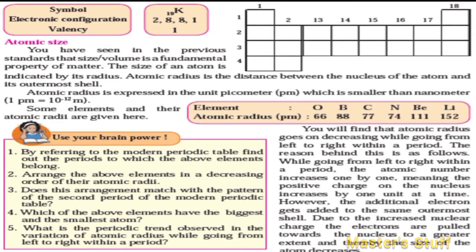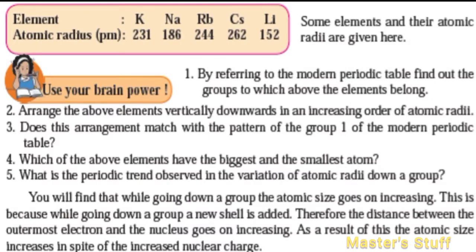Atomic size. As we know, the size of the atom depends on the atomic radius. The atomic radius is the distance between the nucleus of the atom and its outermost shell. It is expressed in the unit picometer, which is much smaller than nanometer. As we know, shells get added as we go down the group.